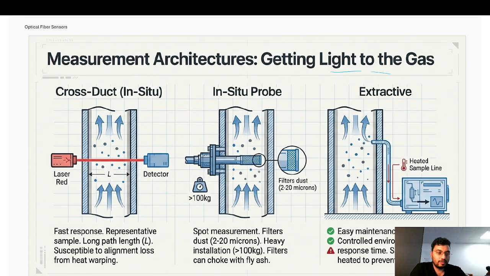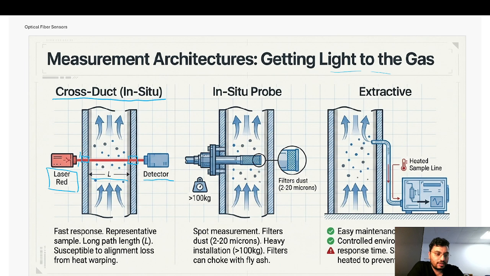First thing, these are the measurement architectures, where first the cross-duct in situ measurement can be done like this: suppose here the red laser is mentioned, situated on one side of the plant, and there will be one window, and another window is for the detector kept there, and this is the length of your reaction chamber.